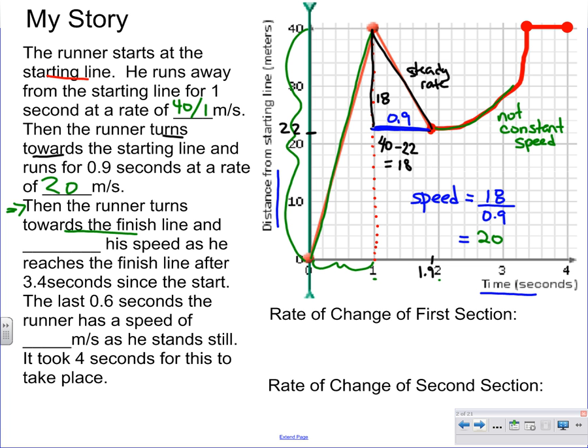He is increasing. Okay, how do I know he's increasing his speed? How do I know he's not slowing down? Well, towards the end of this segment, this is very steep, and this is not very steep. So I can tell then that he's going from not steep to steep, or in other words, sort of slow towards fast.